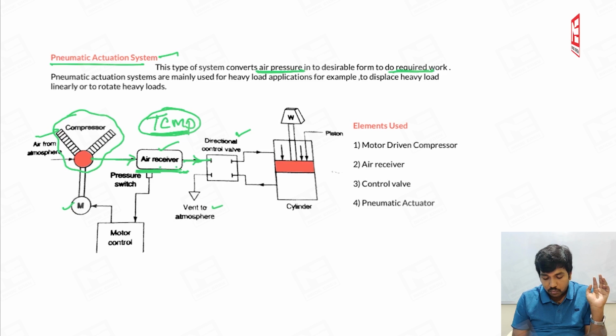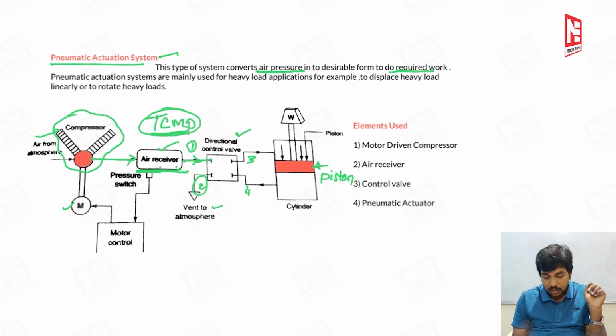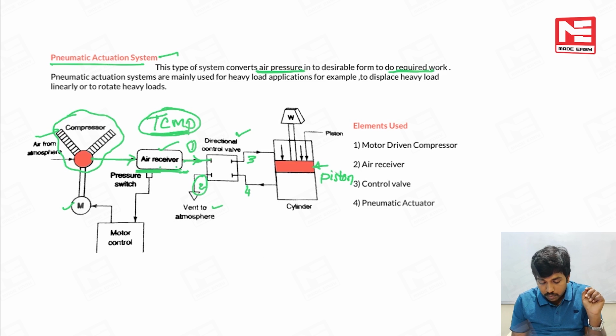Here we have 4 lines, and it will again perform 2 actions, because if the air is supplied to the port above the piston, then the air will push the piston in the downward direction. Then obviously the weight or the load will be displaced in the downward direction by an amount of x, right? If you allow the airflow from the downward direction, then it will apply pressure in the upward direction.